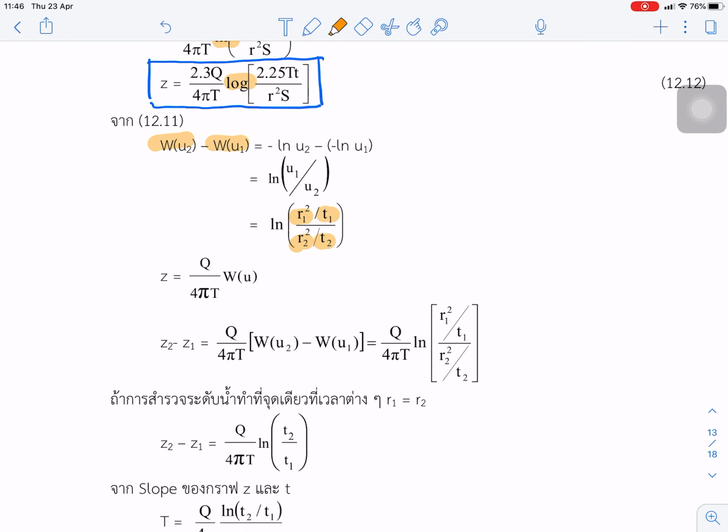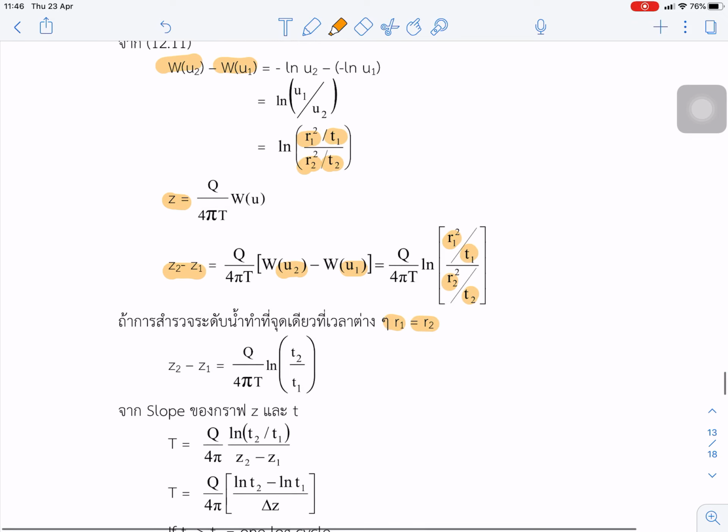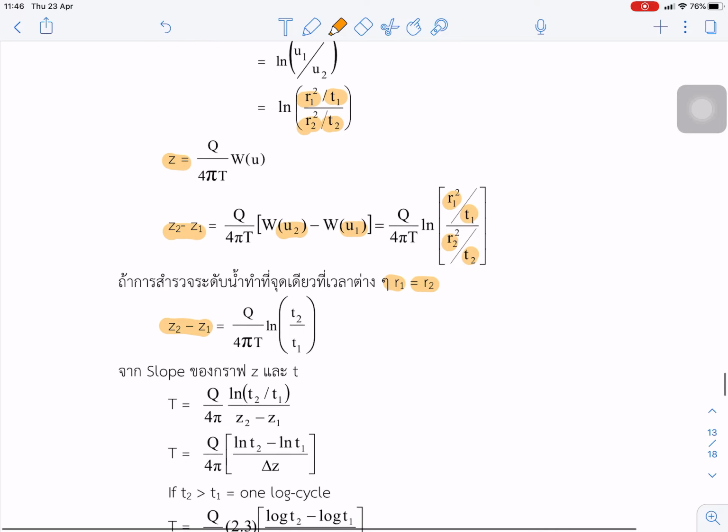Let's do the same for the drawdown, if we have u1 and u2 at different time and location. If we assume that we do the observation at the same point, r1 is equal to r2, so it cancels. So we get the difference of the drawdown in terms of this equation.